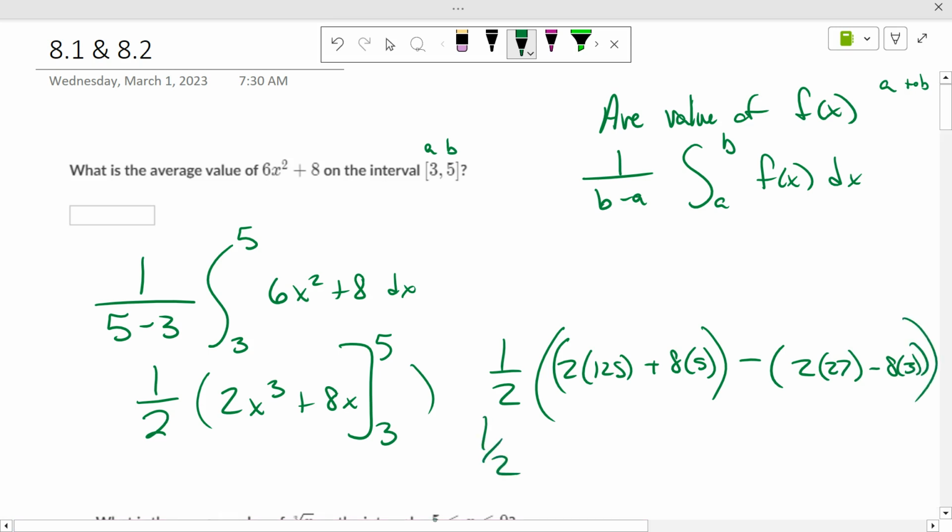So it's 1/2 of, this is 250 plus 40 is 290, minus 54 minus 24 is 30. So it's half of 260, which is 130.